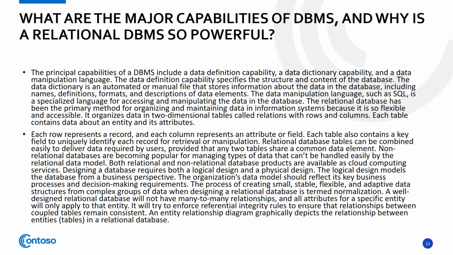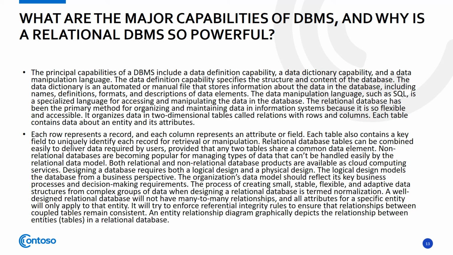So, in conclusion of subtopic 6.2, what are the major capabilities of DBMS and why is a relational DBMS so powerful? The principal capabilities of DBMS include a data definition capability, a data dictionary capability, and a data manipulation language.